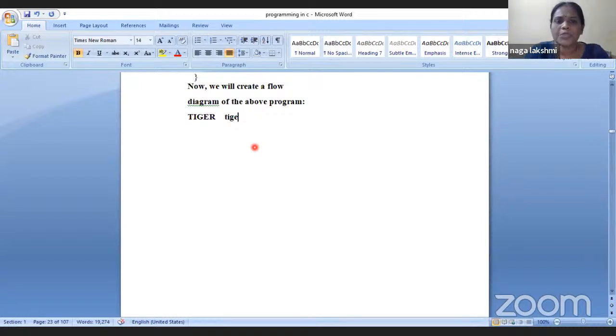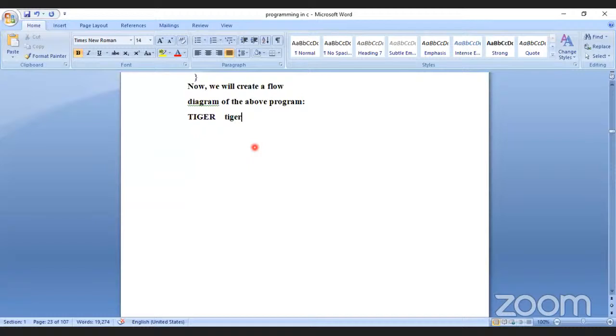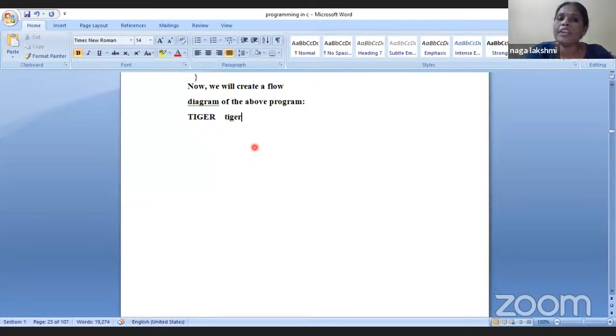Tiger means animal. Capital Tiger and small tiger, in our sense, we treat them as equal. But the computer, as I have already told you, treats capital letters differently and small letters differently.